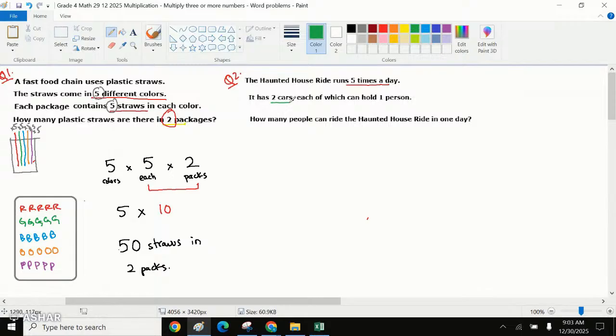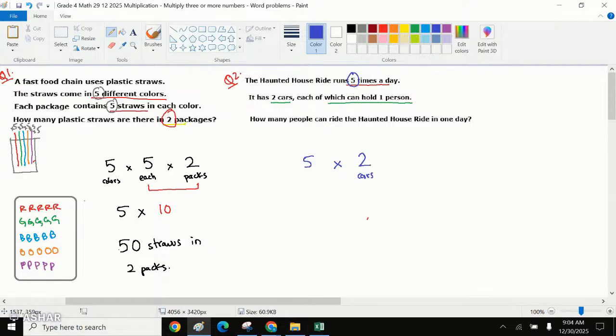It has 2 cars which can hold 1 person, right? So how many would be there? See, there are 2 cars. That means 2 cars having 1 person each means in each ride there are 2 people going, right? That means if it's going 5 times a day, what we do is 5 times a day multiplied by 2 cars, right?